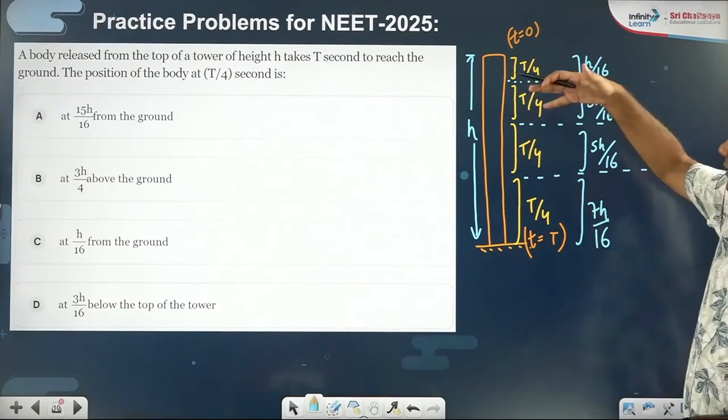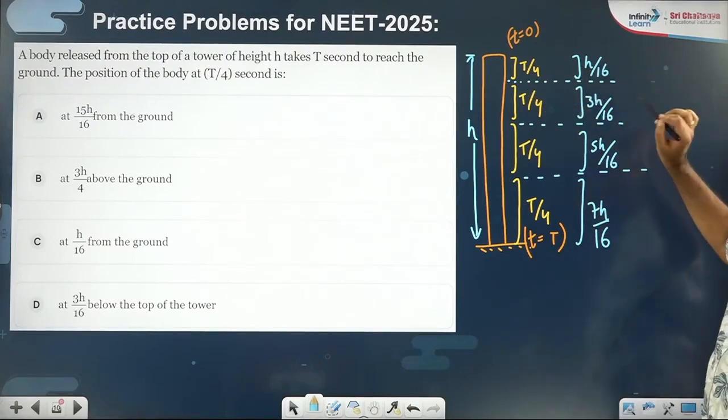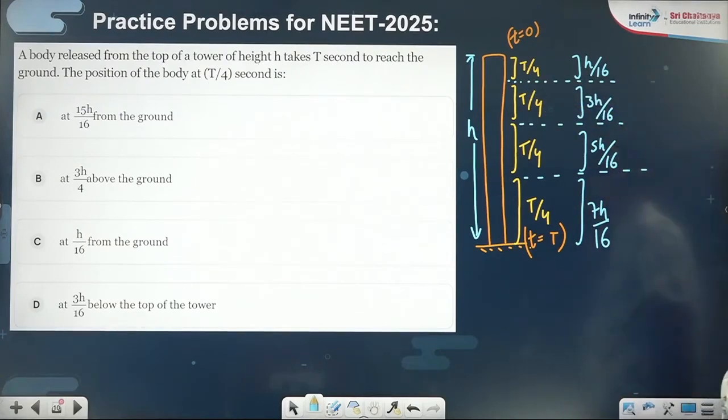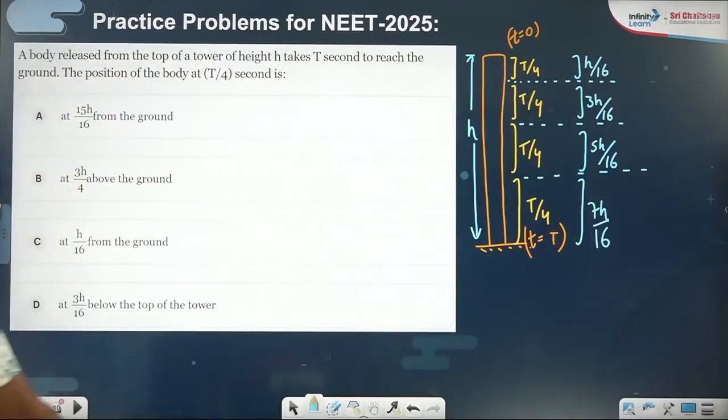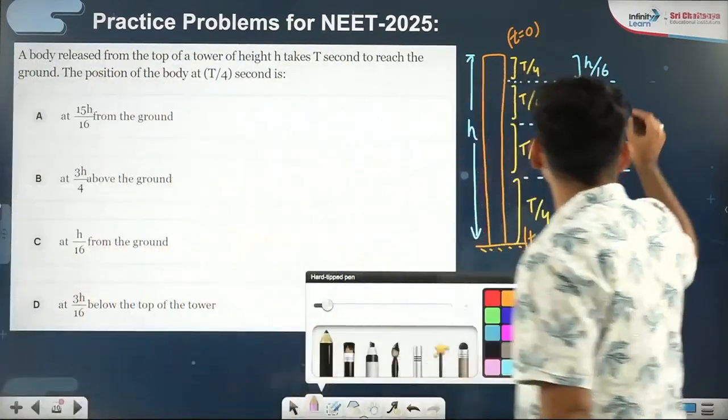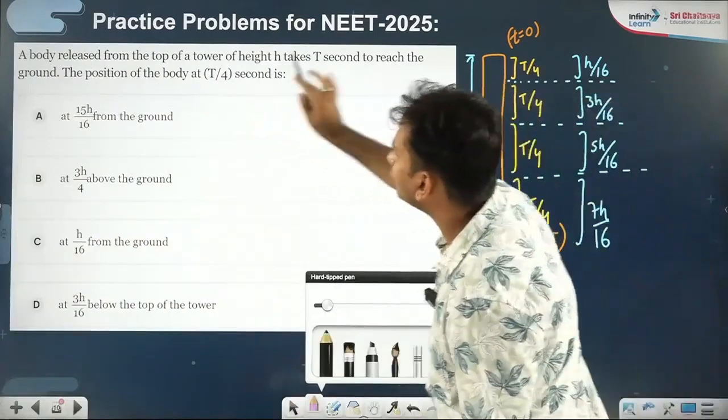If it were 5 intervals, then h by 25, 3h by 25, 5h by 25, 7h by 25, and 9h by 25 is the last. So we are interested in the position at t equals t by 4 seconds.